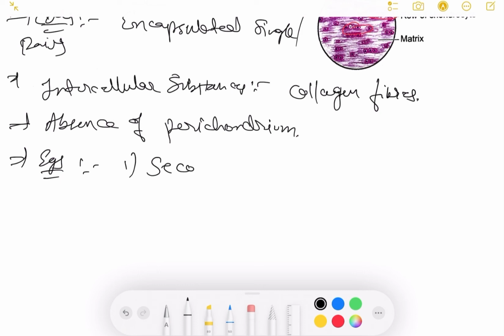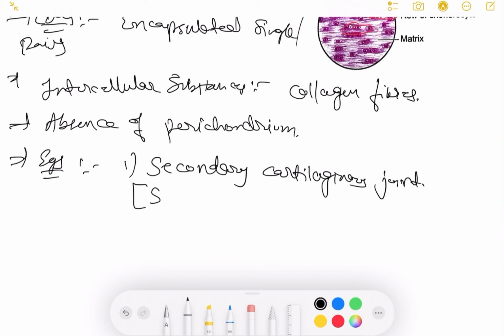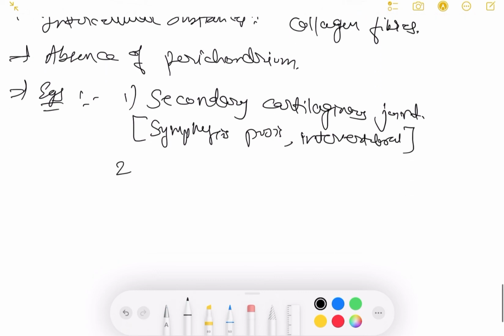Now examples, do remember the examples of this. First one is secondary cartilaginous joint. Which secondary cartilaginous joints there are, we will learn in the chapter on joints, that is symphysis pubis, intervertebral. These are the examples. Second example is menisci of knee joints, where fibrocartilages are present.